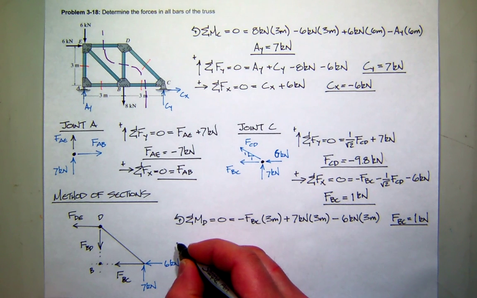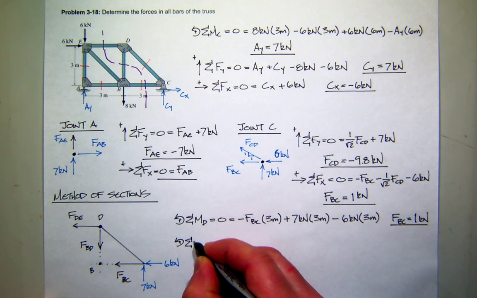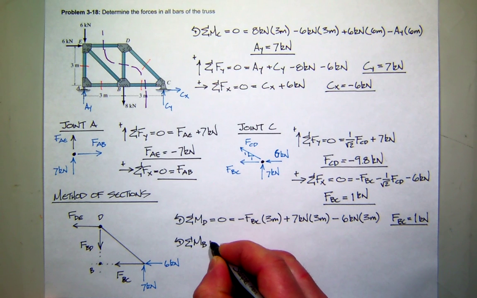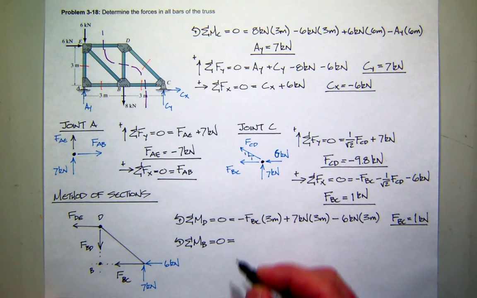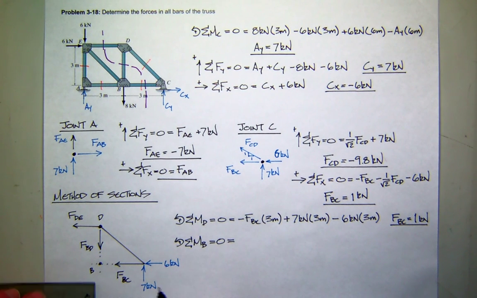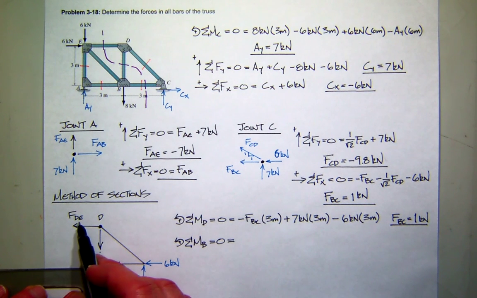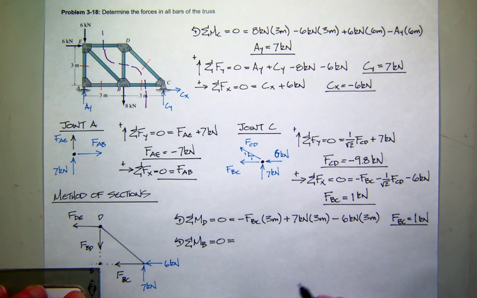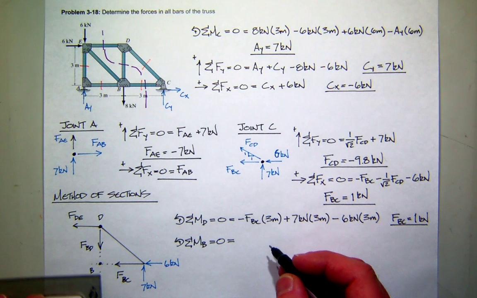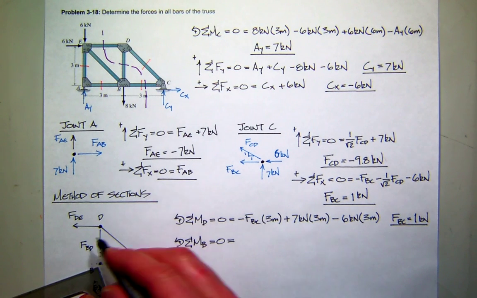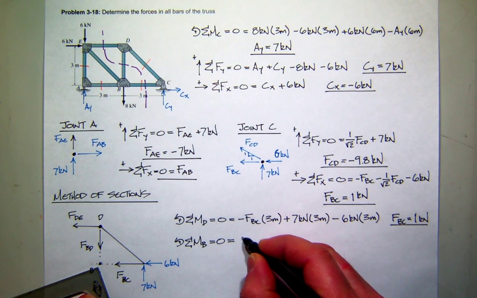Now we can sum moments about B. So now we're down here, about B. So about B, of course BC and BD create no moment, but DE does. So what kind of moment is it, positive or negative? About B, with the right-hand rule, it's positive.